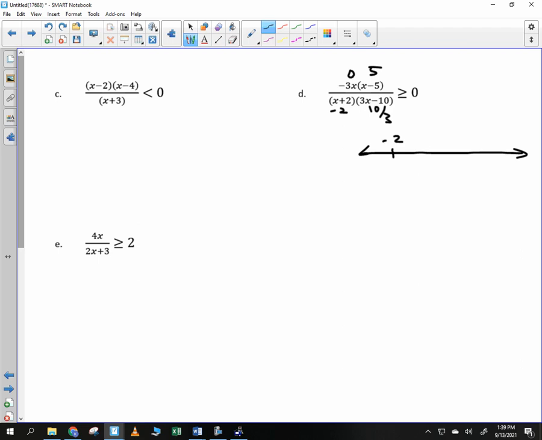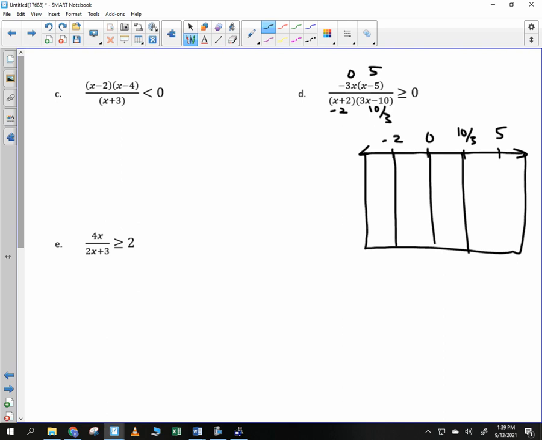Good job. Alrighty. What do I put off on the left-hand side? The factors. Very good.